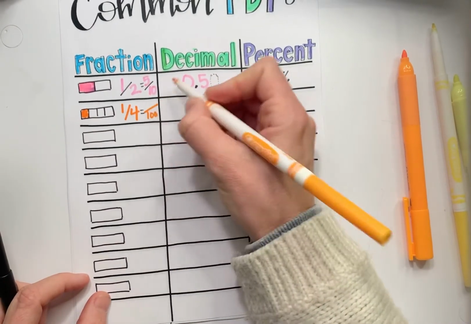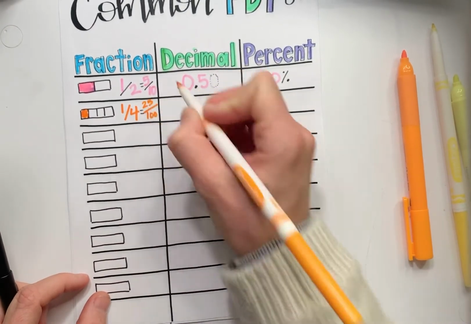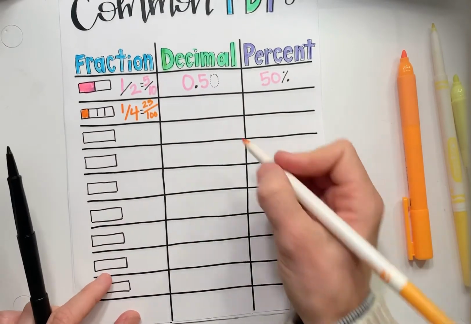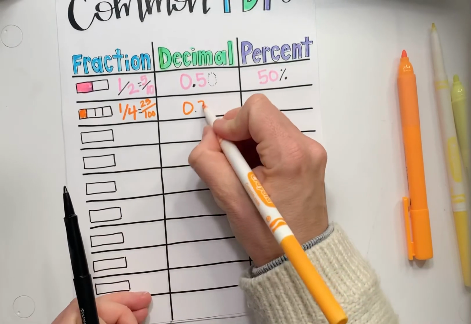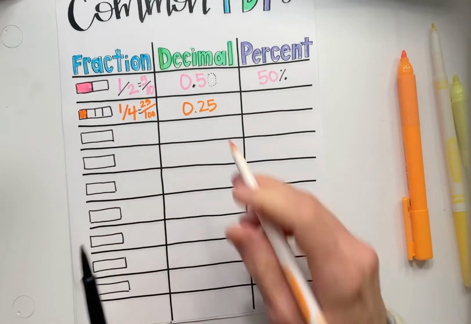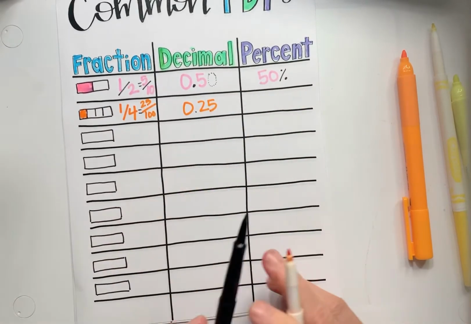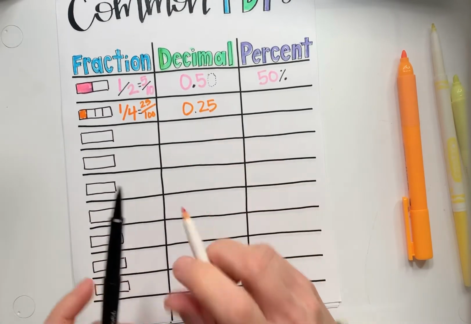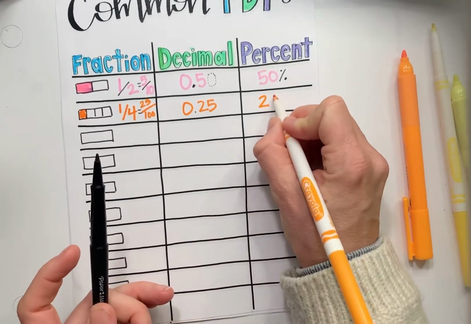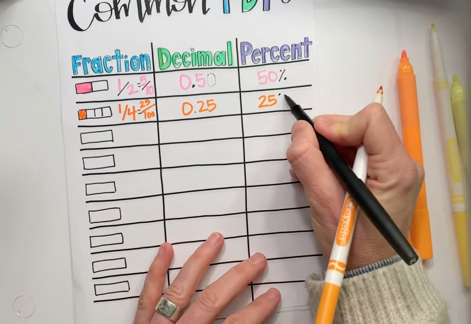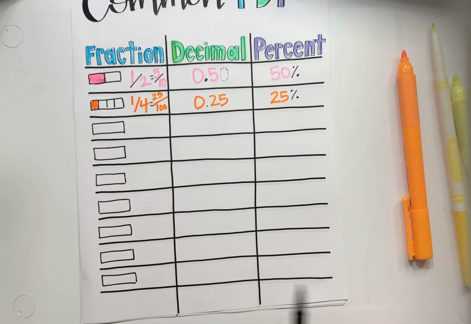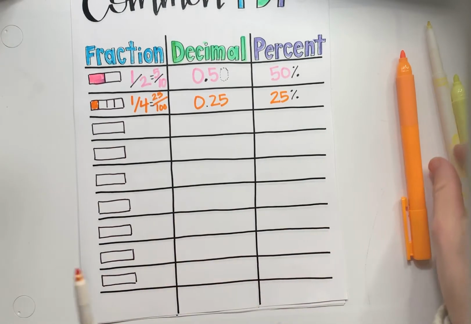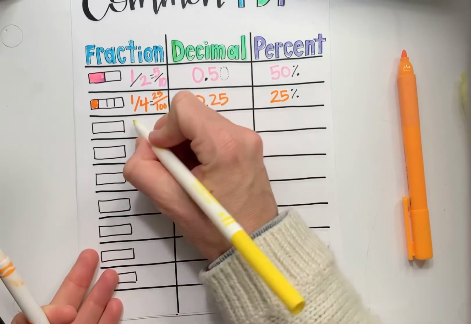So out of 100, it would be 25 out of 100. So it looks like 25 hundredths. Now that's already out of 100 for us to the percent, so that 25 hundredths can then be written 25%.